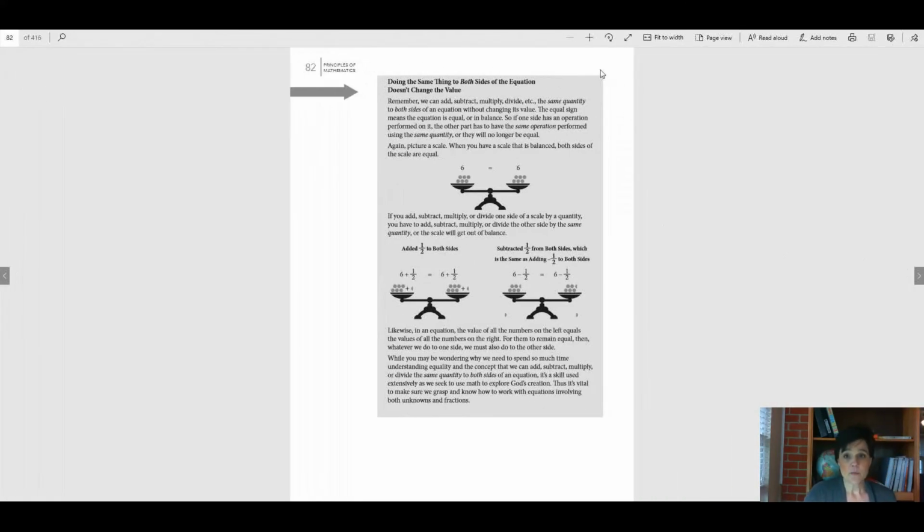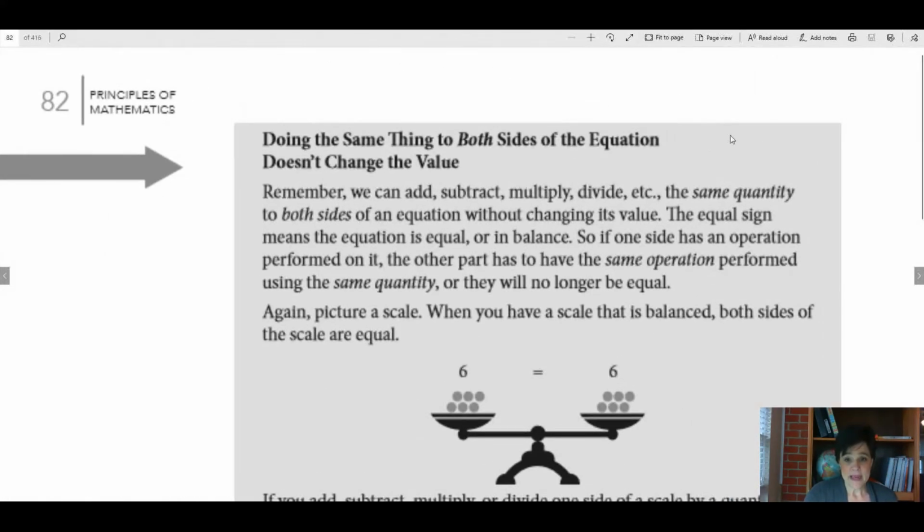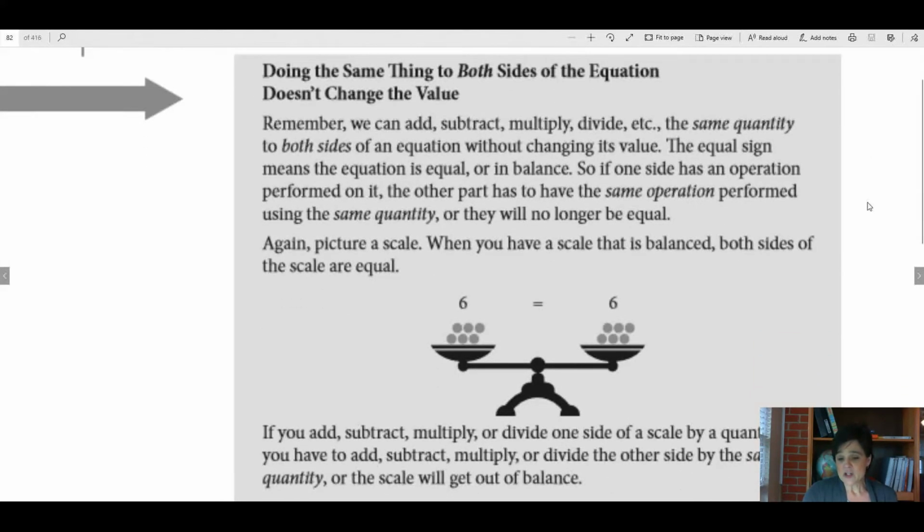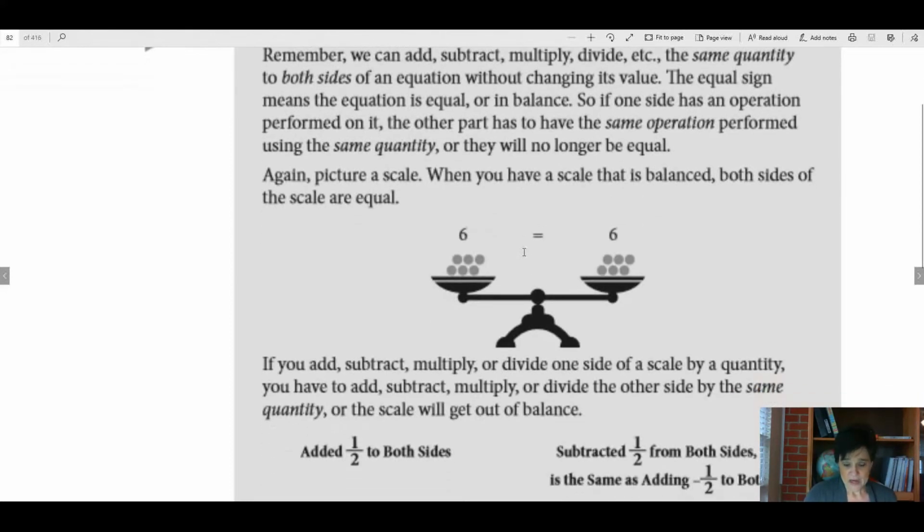Okay, let's move on to this page. And this page is just going over what we already know. Doing the same thing to both sides of the equation does not change the value. So basically, they're asking you to look at this scale and notice there's 6 here and there's 6 here. The scale is equal.